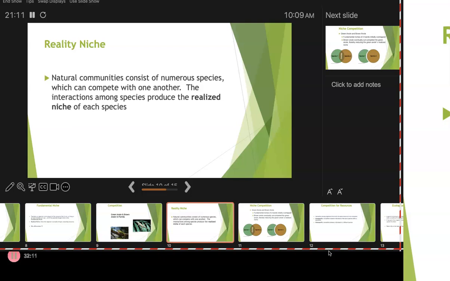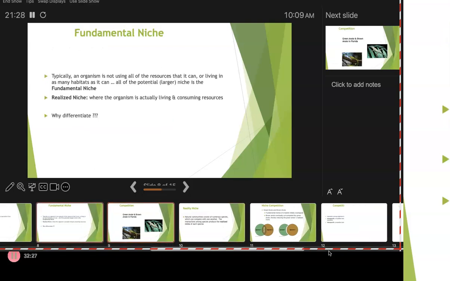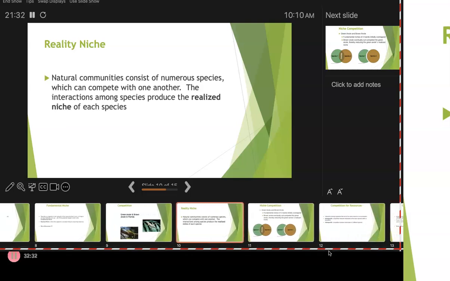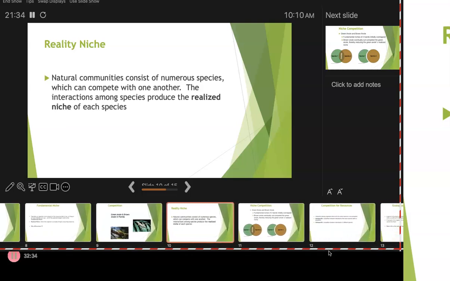Natural communities consist of numerous species which can compete with one another. You knew that. The interactions among these species produce the realized niche of each species. Right, we had fundamental. What did we have a second ago? Yeah, fundamental and realized. Okay, sorry. Not a new one. I don't know why I used reality there. I think I was trying to prove a point.